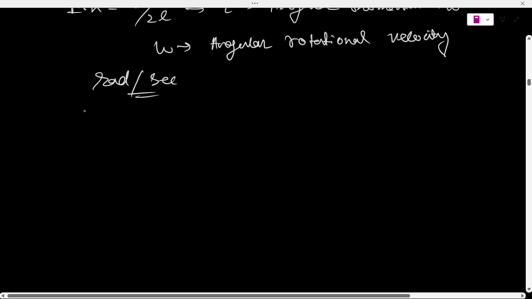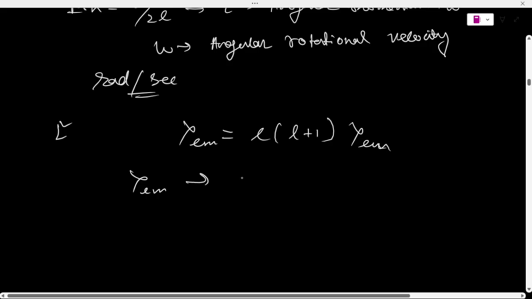The operator of L square is the same as the operator of angular momentum of the hydrogen atom. So the solution is L square Y of lm equals l into l plus 1 Y of lm, where Y of lm denotes the spherical harmonics.